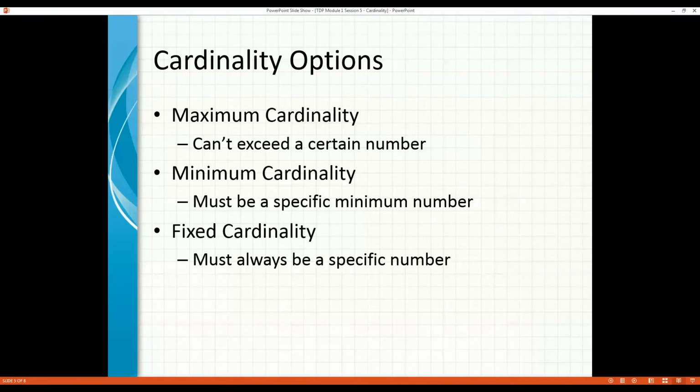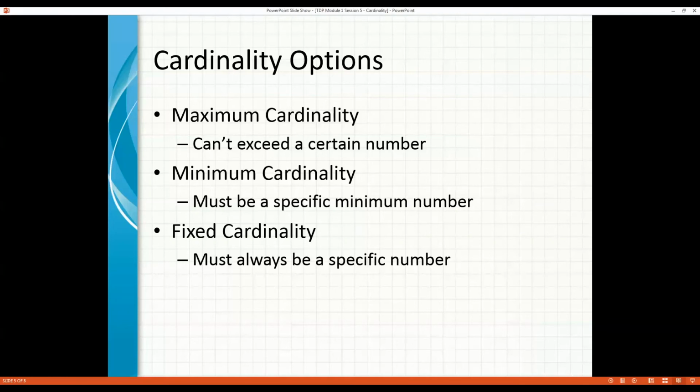Again, specifying minimum, maximum, or fixed cardinality requires good reason to do so. A one-to-one relationship is okay in understanding and logic, but when we say 1 to 3, 1 to 5, 1 to 8, something like that, we are limiting what can be displayed, versus if we said 1 to many, it could be 2, 3, 4, 5, whatever someone wants, because it's many.